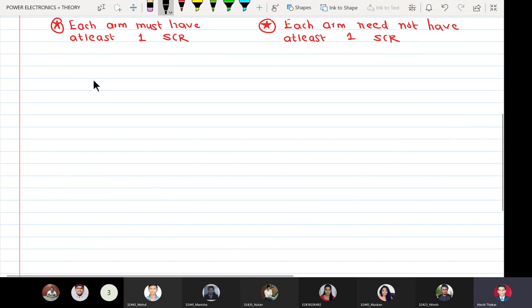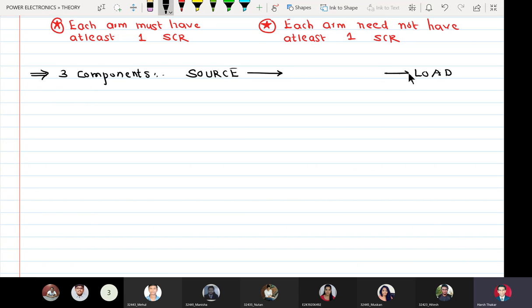So now we know that our bridge converter will have 3 components. We have the source, we have the load, and in between, for the energy flow from source to load, we have our single phase bridge.